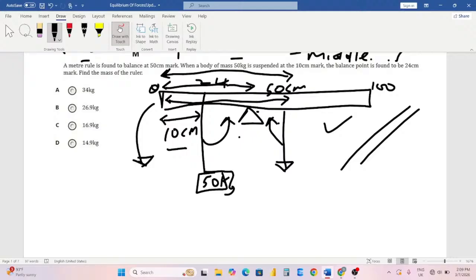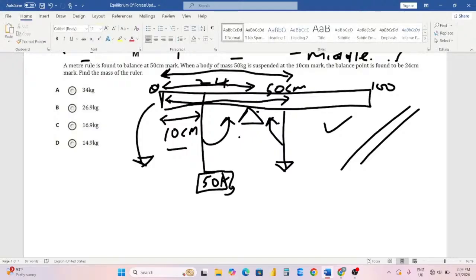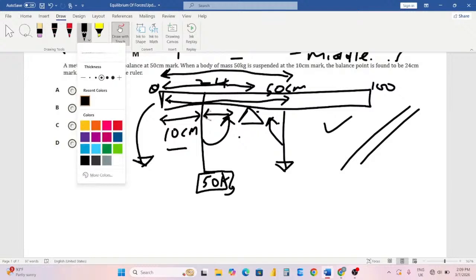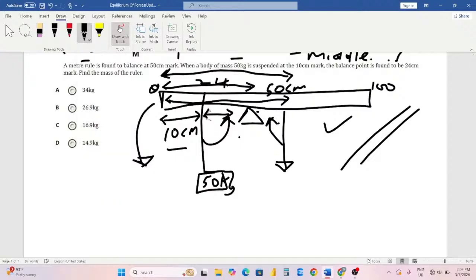So we can resolve these masses in the middle. So let's take it out so that we can see it.